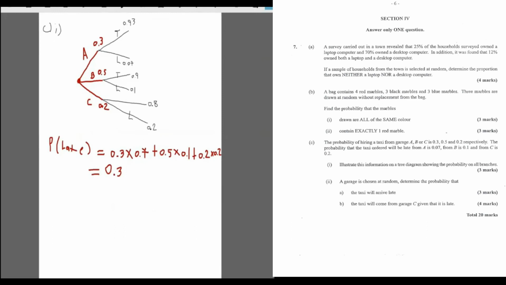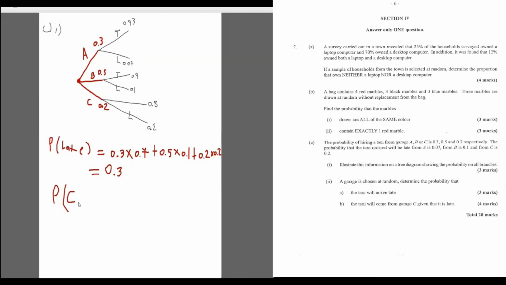It says find the probability that the taxi will come from garage C given that it is late. So this was the probability of L. Now what they're asking for is the probability that the taxi will come from garage C given that it is late.